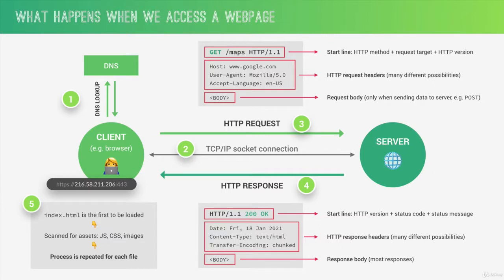Okay? So we said before that TCP and IP are the communication protocols that define how data travels across the web. Now, I'm not going to go into a lot of detail here, but here is what you need to know. First, the job of TCP is to break up the requests and responses into thousands of small chunks called packets before they are sent.